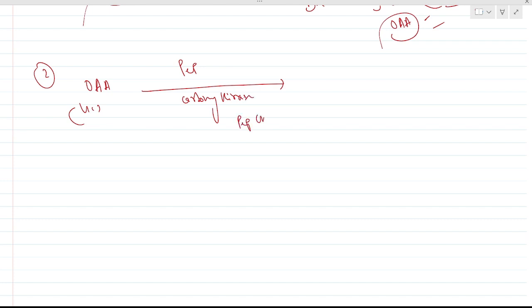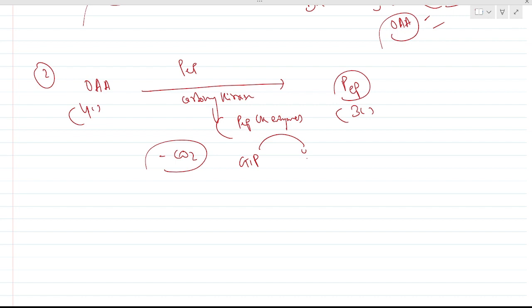The all important PEPCK enzyme, phosphoenolpyruvate carboxykinase, forms, obviously, phosphoenolpyruvate. Oxaloacetate is being converted from a 4-carbon to a 3-carbon compound. So obviously carboxykinase removes CO2. Here, all important, GTP is converted to GDP, instead of ATP and ADP.